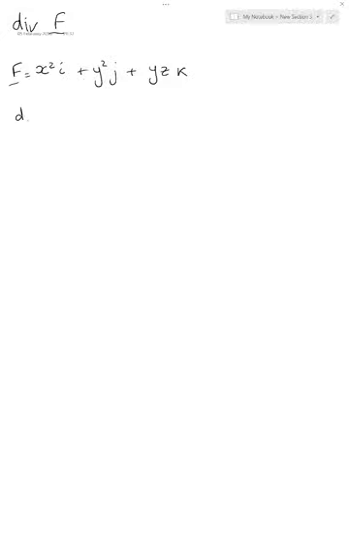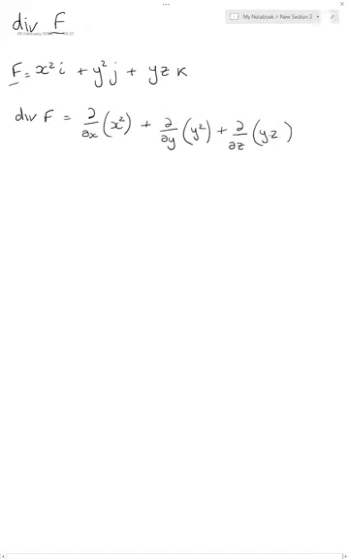So the div of f would be, well, we're going to do partial differential with respect to x on the coefficient of i, plus partial differential with respect to y on the coefficient of j, and then finally partial differential with respect to z of the coefficient of k, which would be yz.